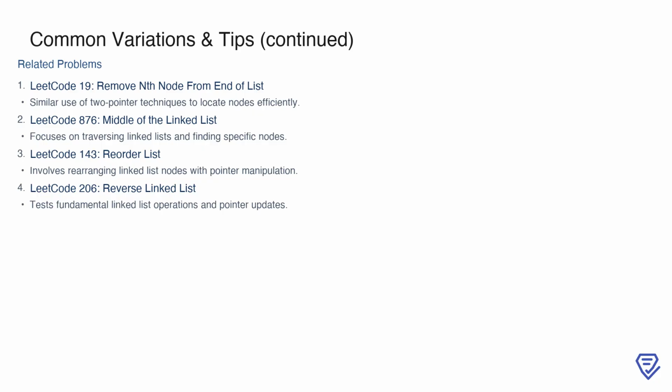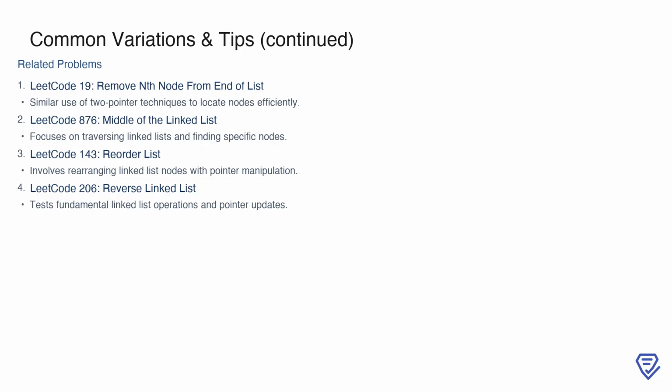This problem also shares similarities with several other linked list problems, making it a valuable learning experience. For example, LeetCode 19, remove nth node from end of list, involves using the two-pointer technique to locate nodes efficiently. LeetCode 876, middle of the linked list, focuses on traversing the list to find specific nodes, which is another foundational skill.